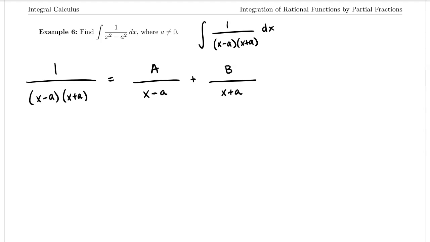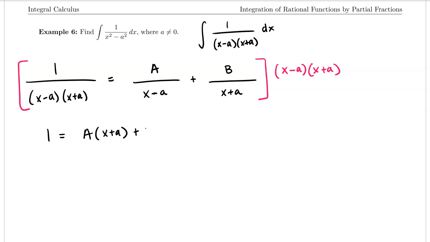I'm going to clear my fractions by multiplying by the least common multiple of all of the denominators. My new resulting equation is 1 equals A times x plus a plus capital B times x minus a.